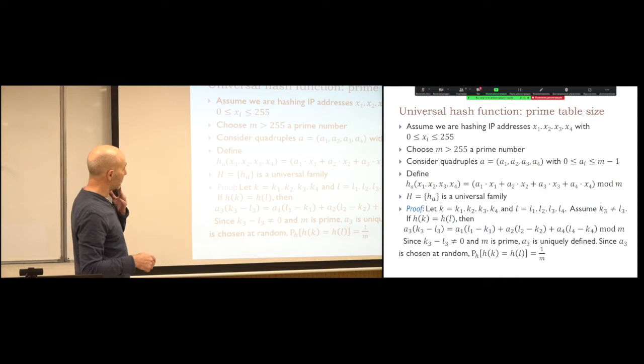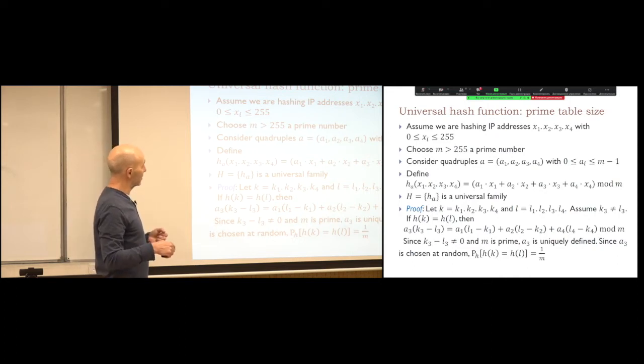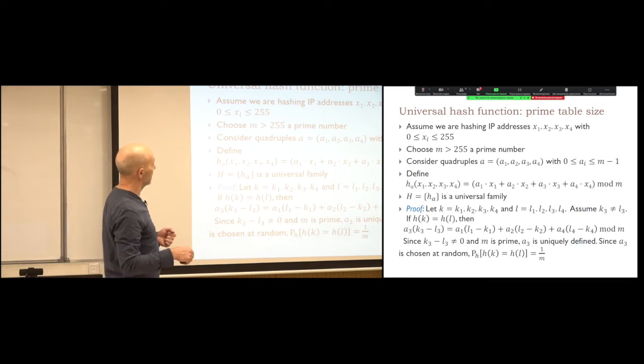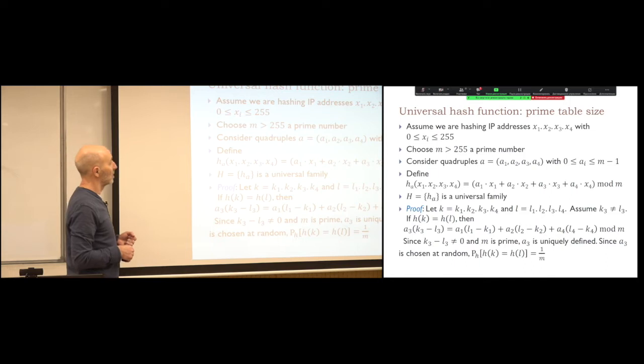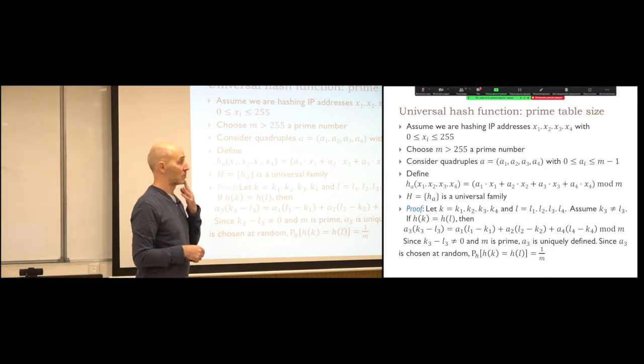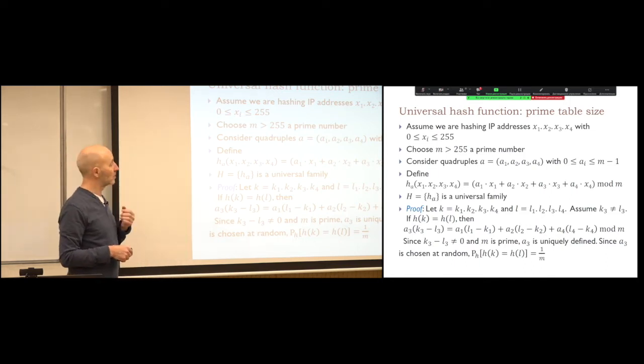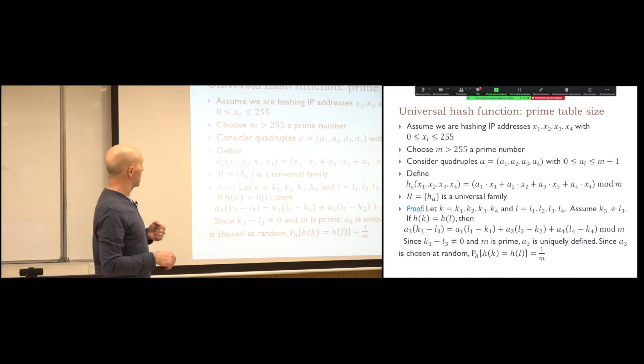And the definition of the hash function is here. It's a linear combination of a1 times x1, a2 x2, etc., modulo m. So it's claimed that this is a universal family.